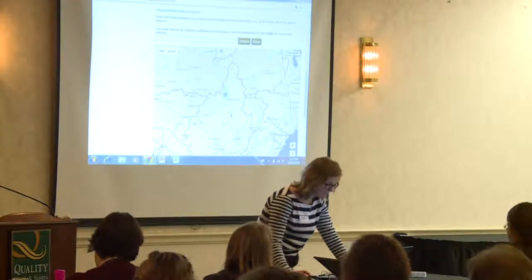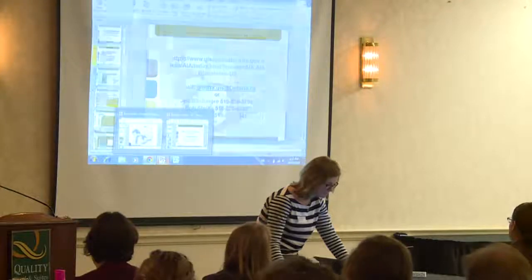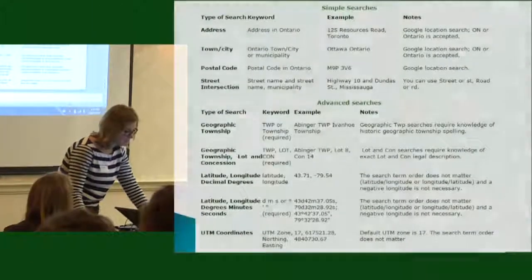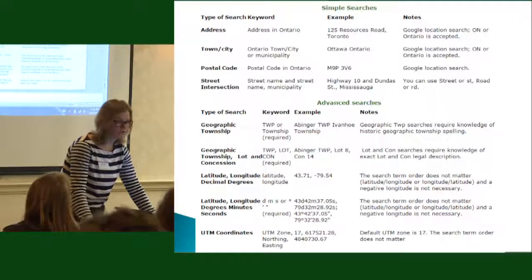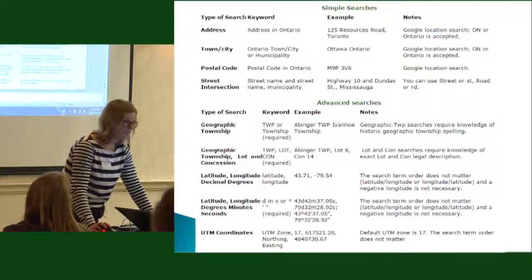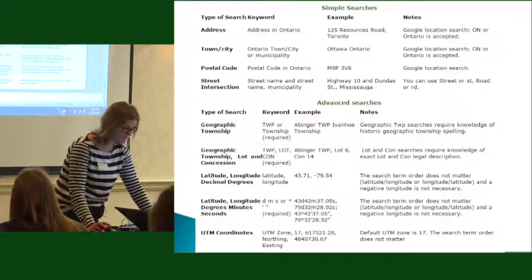So I went to the help to look at what kind of address I can type in. And it is pretty good. There's a whole list here of how to type in your lot concession or your latitude, longitude. It won't take roll number, but it will get to your mailing address, your 911 address.